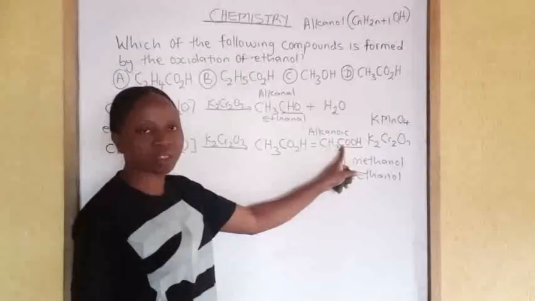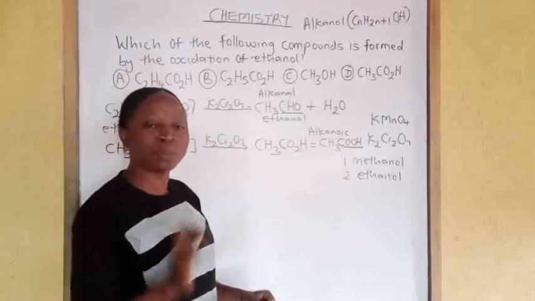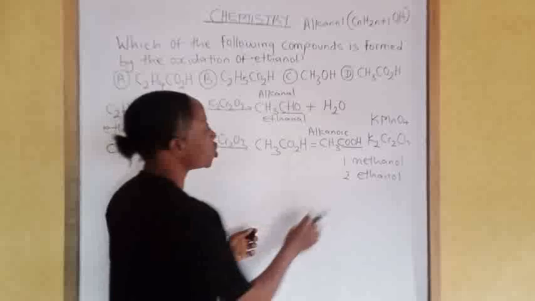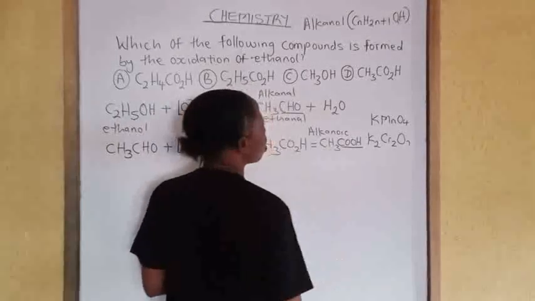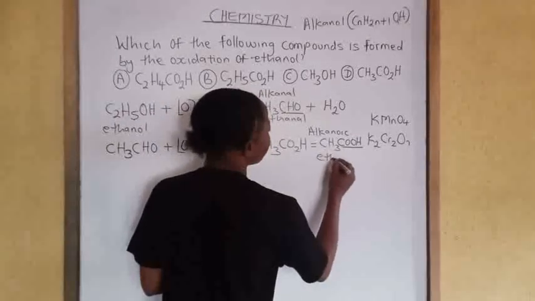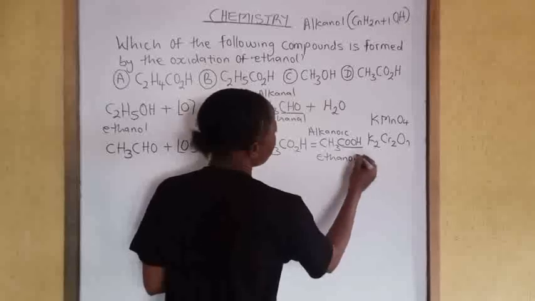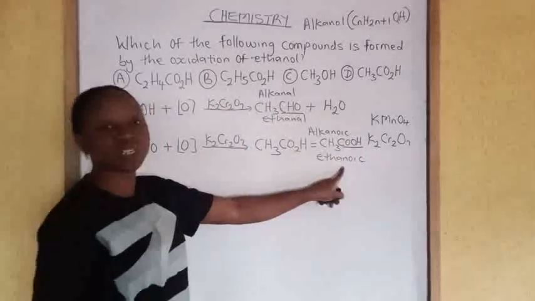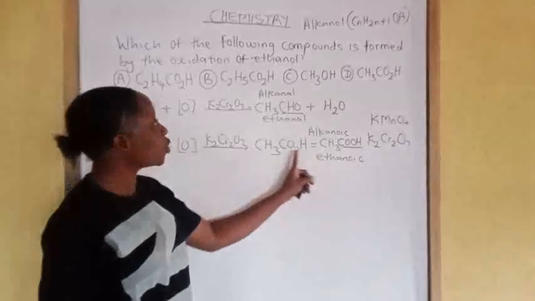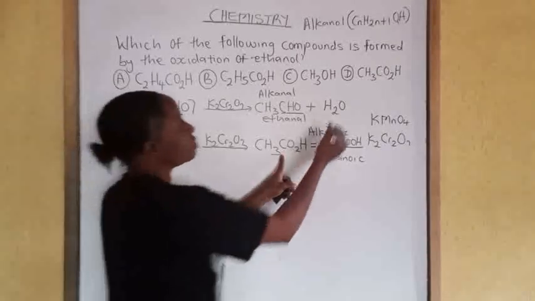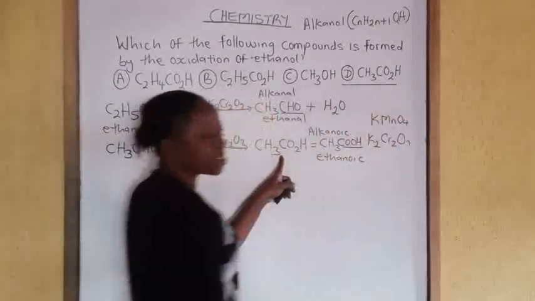We have 2 carbon atoms, so that will be the second member of alkanoic acid, which is called ethanoic acid. So the name of the product formed is ethanoic acid. The correct option is D.